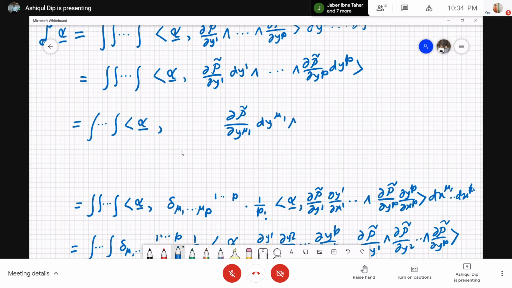So what's the relation between these two things? That's what I need to know first. Here I have a sequenced one, and here I have an arbitrary one.